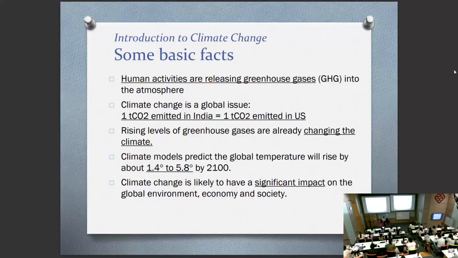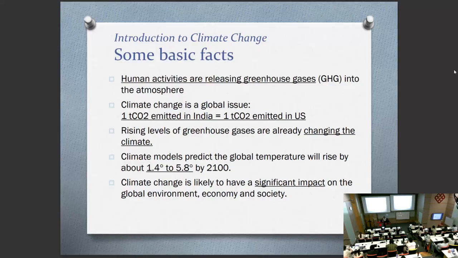And why is there a range? The 1.4 degree rise and as high as 5.8 degree rise is because different nations have different approaches to carbon mitigation.